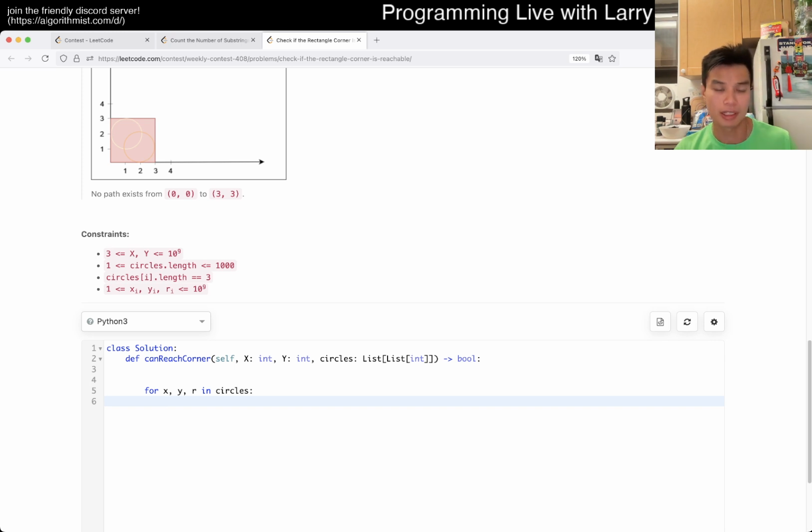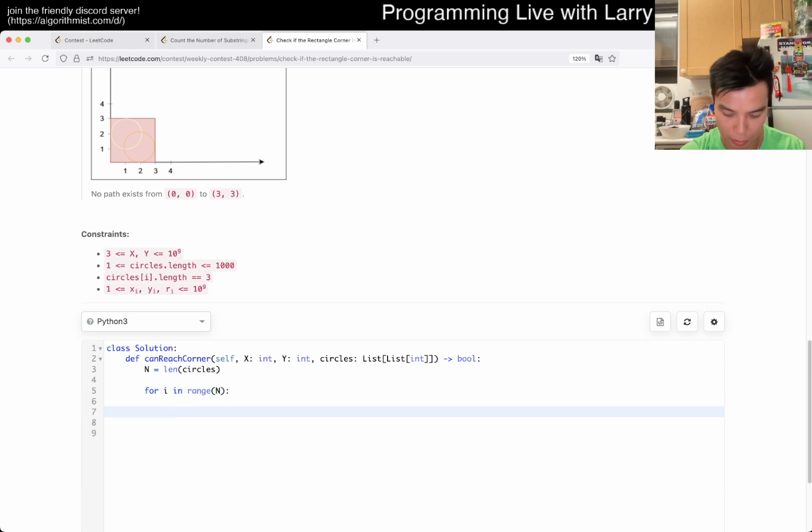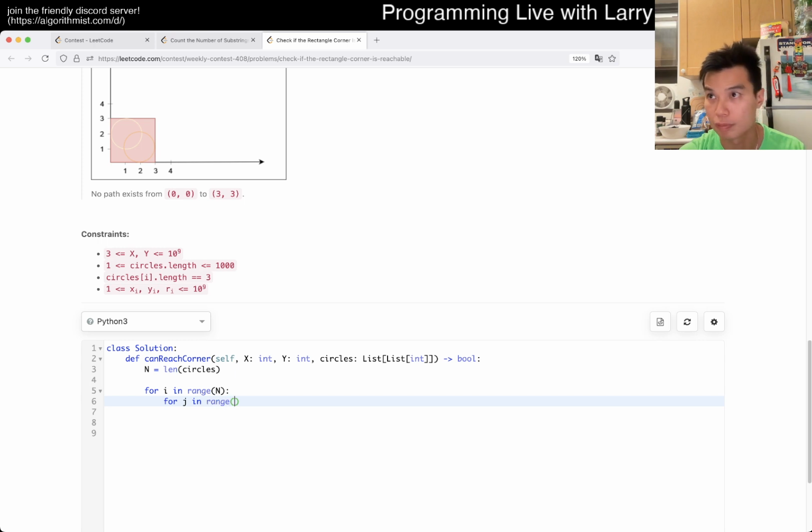Oh, I'm dumb. It's just n squared, right? Like I don't need to do this. I mean, I guess I can, but I'm not. I shouldn't optimize. Okay, fine. Focus, Larry. Focus. Prematurely optimizing it. Okay, yeah.